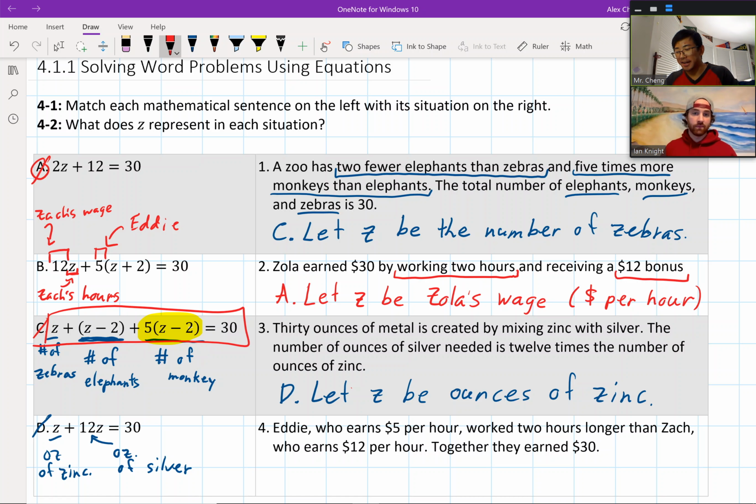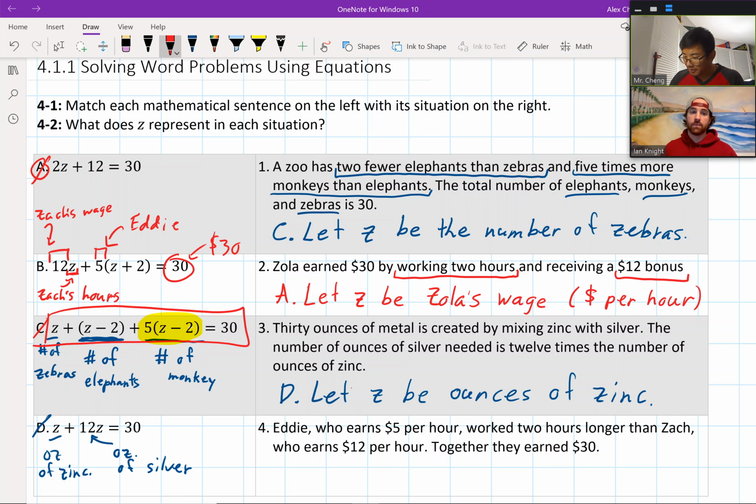And if we're adding, it's like you can't add apples and oranges, right? And so if we know total they make $30, this is total $30 really. Well, Zach's hours on its own doesn't make sense. So we have to figure out how do we figure out how much money Zach earns? Well, it's how much he gets paid per hour times the number of hours, and likewise for Eddie.